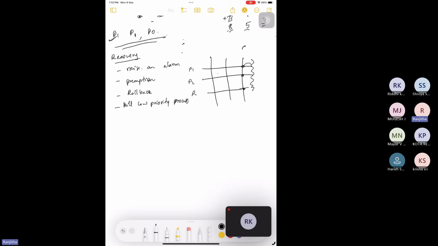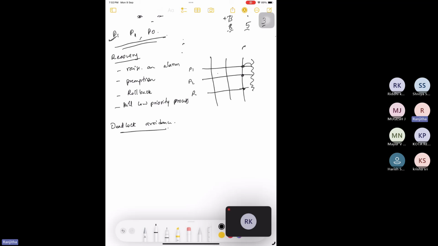So we categorize states as safe or unsafe, and we'll check whether the system state is a safe state or an unsafe state, and then accordingly we will proceed.